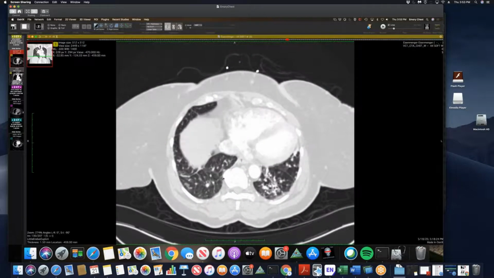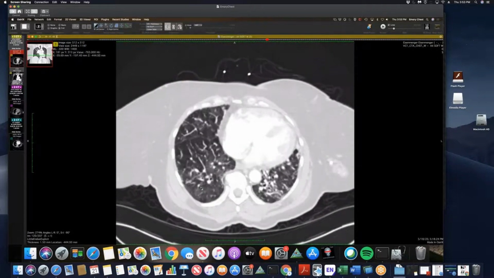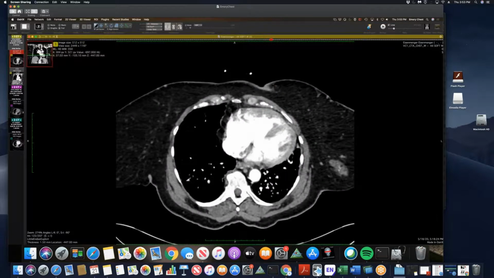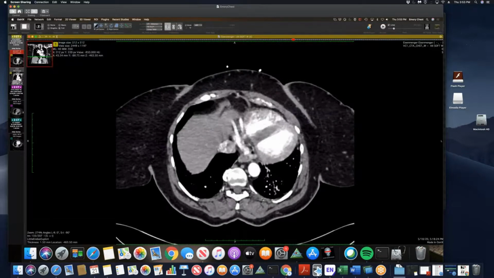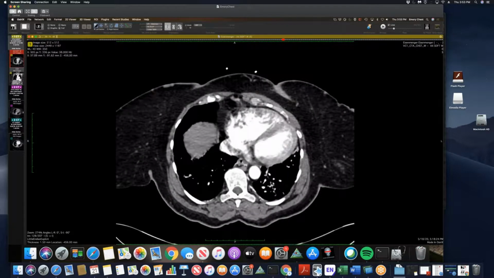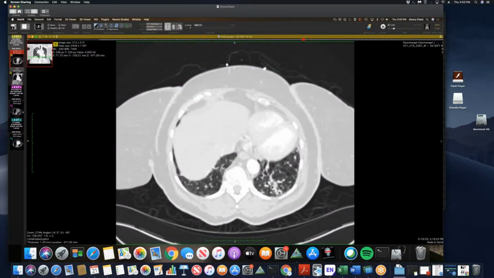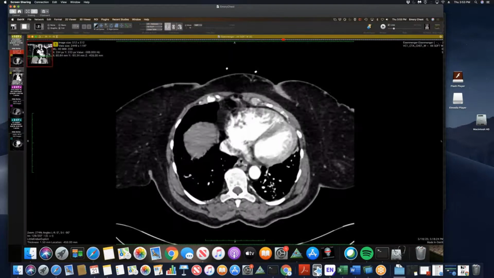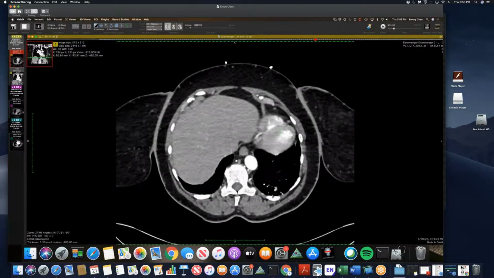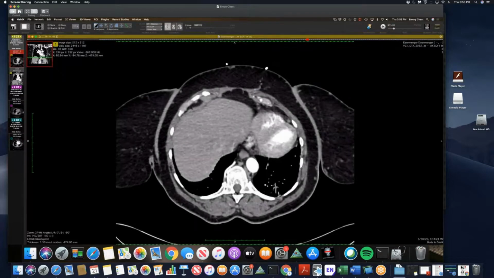This has been described as neovascularity. Also, she has these prominent chest wall collaterals, and in some regions it looks like they're communicating with the pulmonary vasculature.